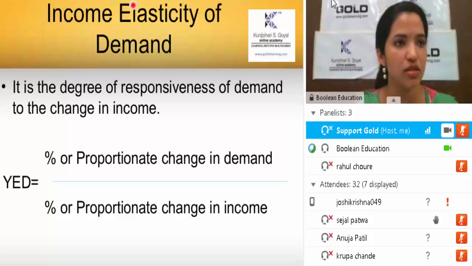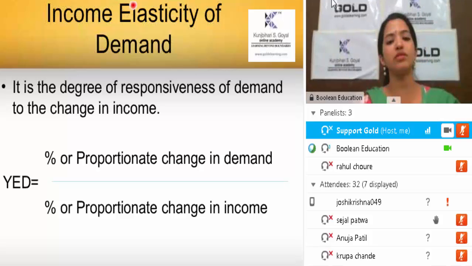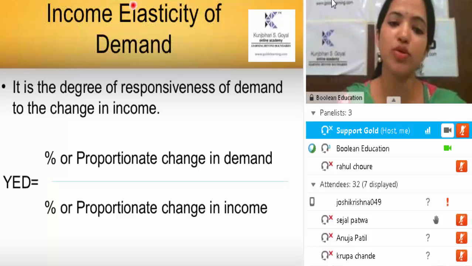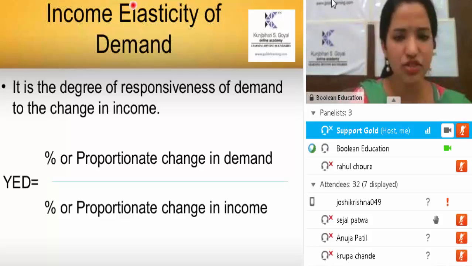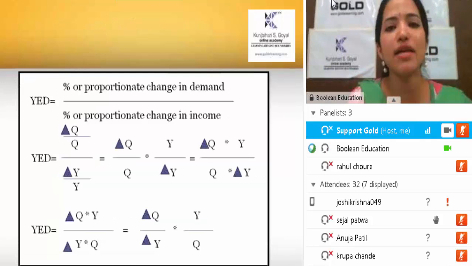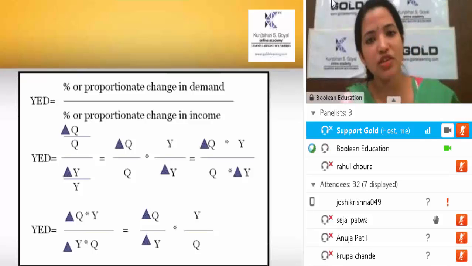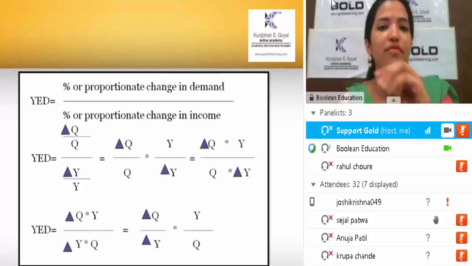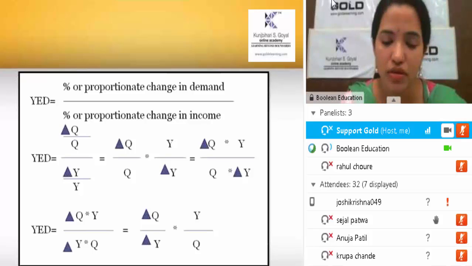So income elasticity of demand equals percentage or proportionate change in demand divided by percentage or proportionate change in income. Right? Let's solve this the same way we did for price elasticity. Exactly the same. We have only written income instead of price. Removing P, we have written Y there. That is the only difference here.